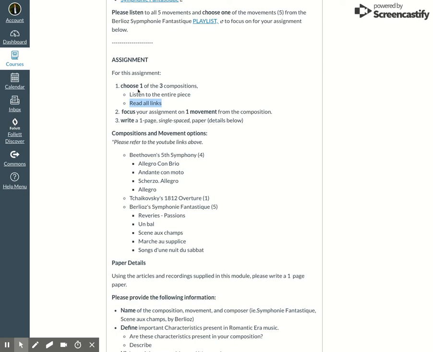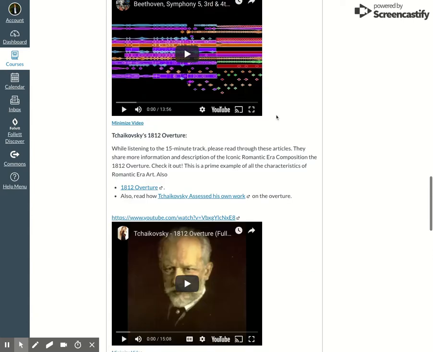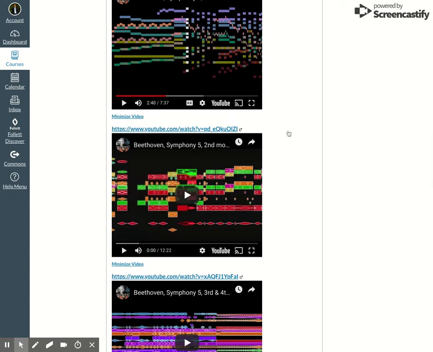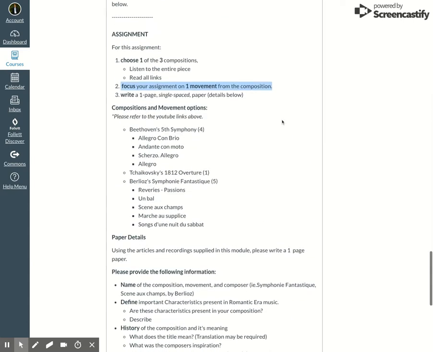Read all the links that are incorporated for each of these. Focus your assignment on one movement of the composition. Once you've listened to all 3 of these, just pick one and focus your paper on it.